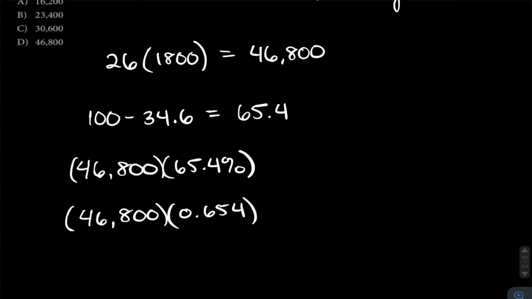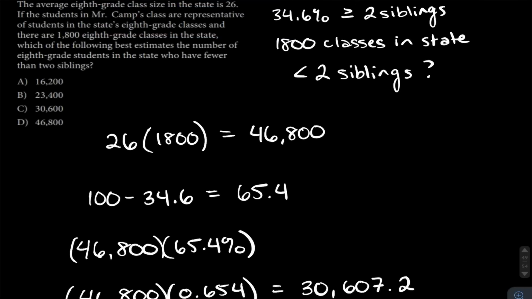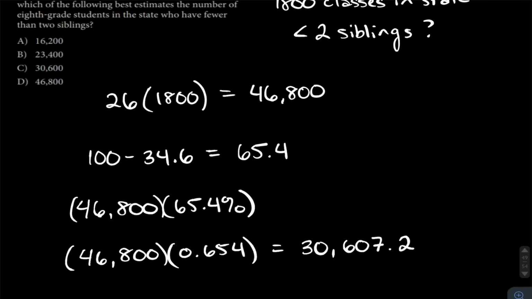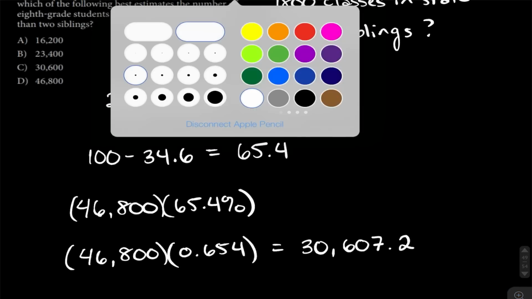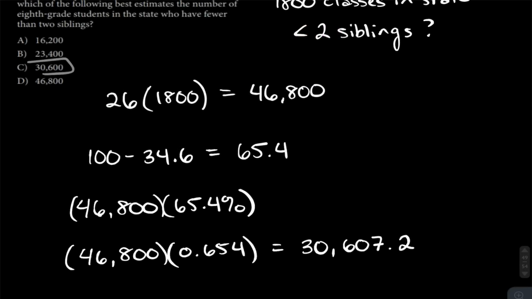And in doing that, we are going to get 30,607.2. Okay? This number is kind of gross looking, and so what they do in this question is they just say estimate it, right? And so here you can see, in this gray section, our answer is going to be 30,600, right? That's the closest to our answer.